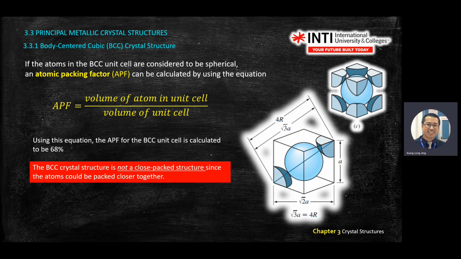Okay, you press the calculator and find the value. So for BCC, the APF is fixed already. At the end, you get 0.68. Then you know this element is BCC.